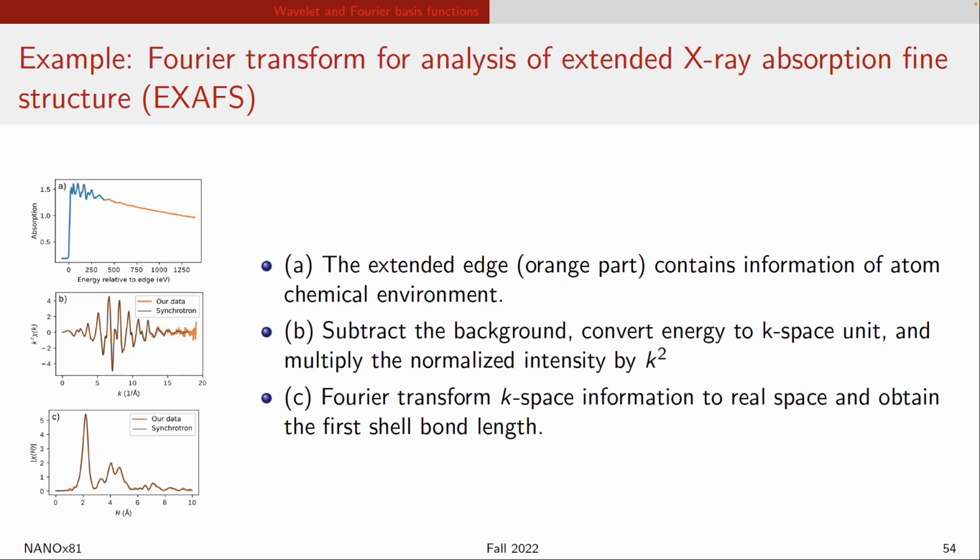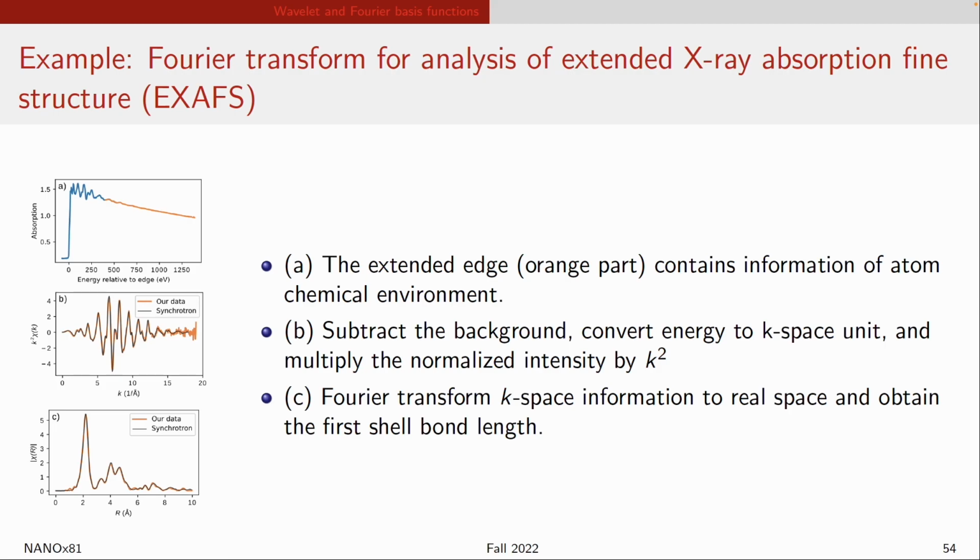This extended fine structure contains a lot of information about your atomic chemical environment. By analyzing this extended edge, you can figure out whether this is an atom in a tetrahedral or octahedral environment, or whether there are some distortions of that chemical environment.